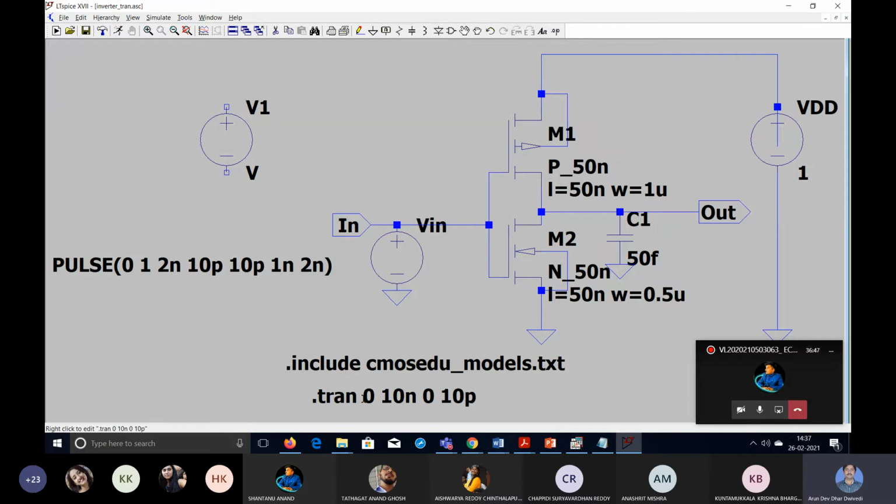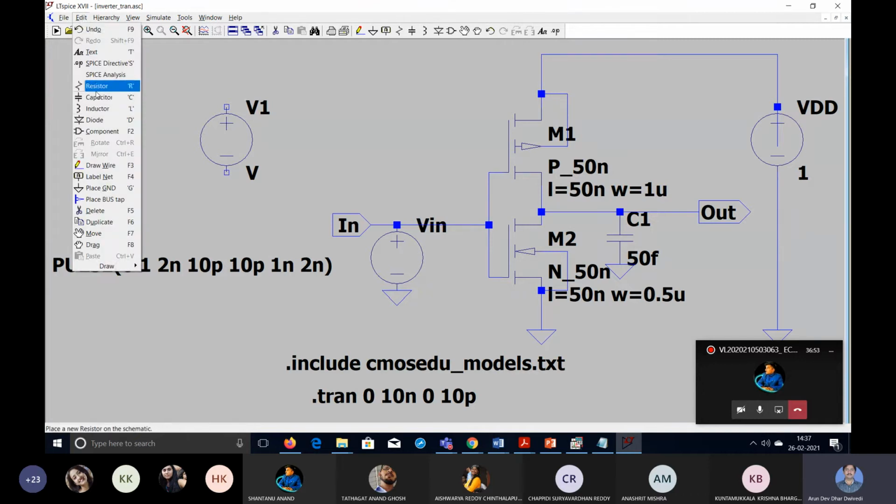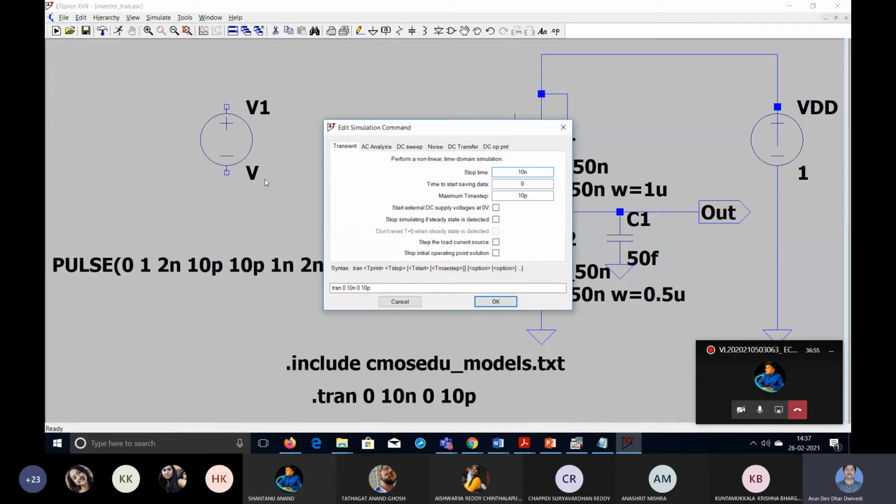After that, a transient simulation command is required. For transient simulation, you can again go to SPICE analysis. By default it is transient, and in transient we can see how that command is given: there is a stop time and a time to start saving data, meaning from where you want to start recording the data.